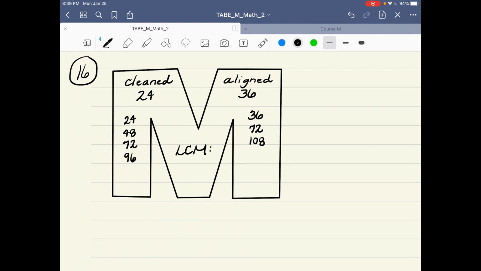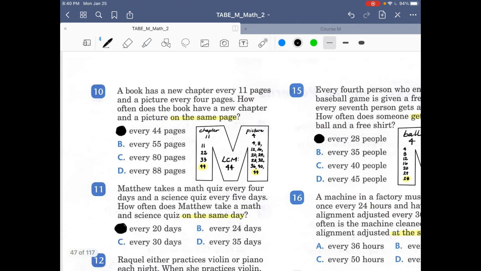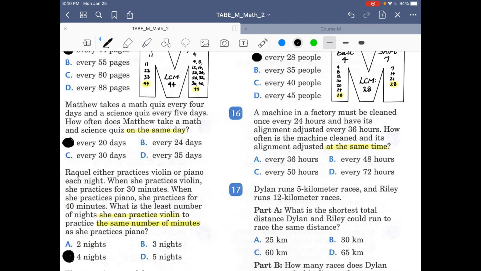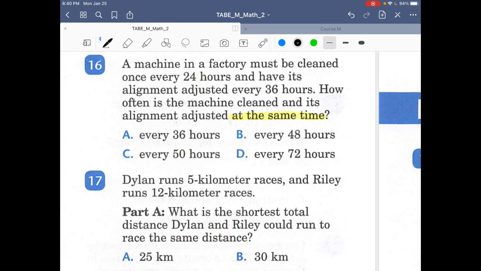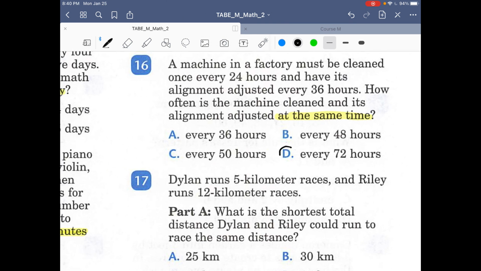There's the one I'm looking for. So every 72 hours, every 3 days, you're going to get that cleaning and that alignment happening at the same time. So number 16 will be every 72 hours, and that is D.